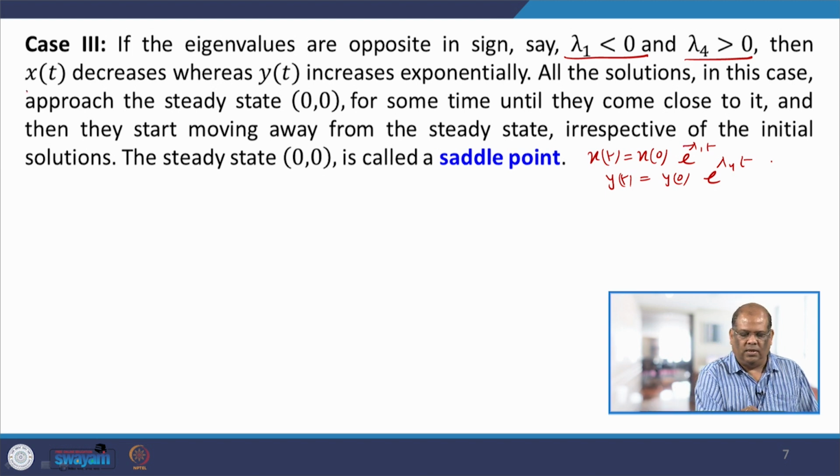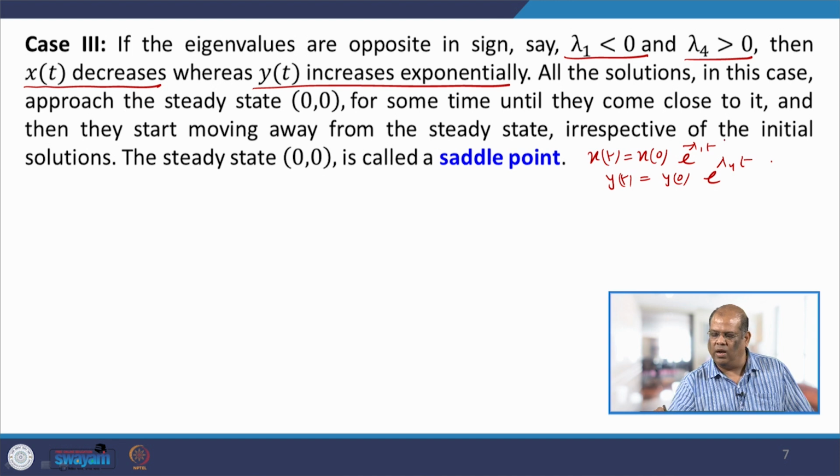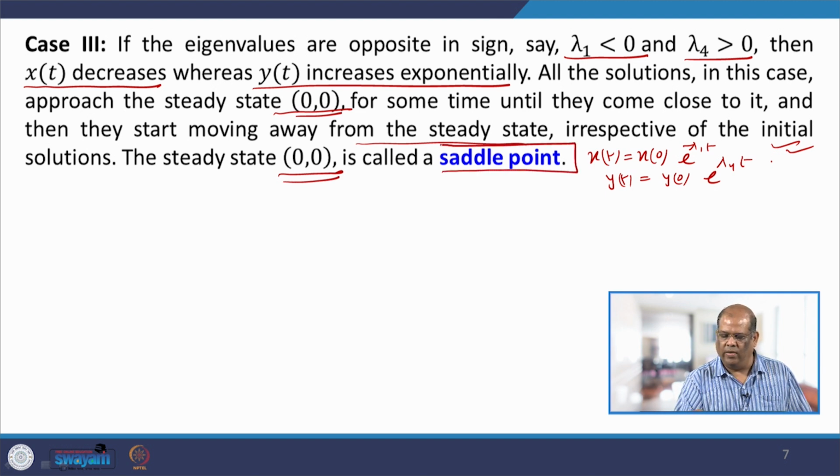As t increases, your x(t) decreases, but your y(t) increases exponentially. So, this one tends to go to 0, this one becomes infinite. All the solutions in this case will first approach (0, 0) for some time, but when they come close to it, they will move away from the steady state irrespective of the initial condition, and in this particular case, this steady state will be called a saddle point.